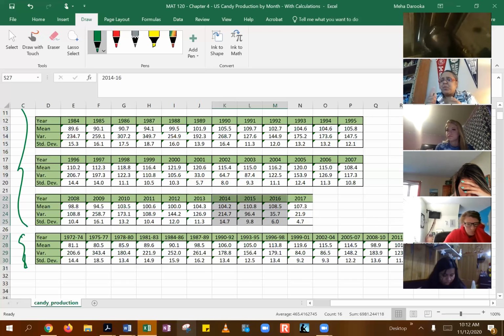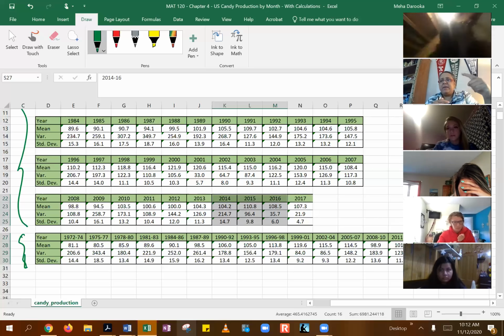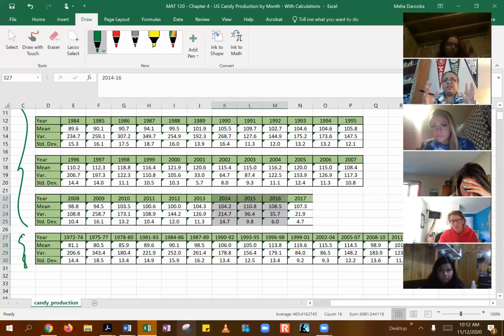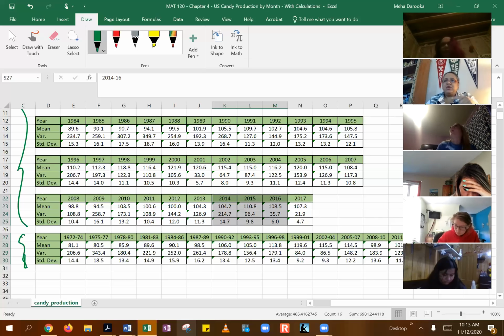And then one of you actually ended up using the sample variance calculation on, like, if you had the year 2014, then for variance, you used the sample variance formula. But then when you calculated the standard deviation, you used the population standard deviation formula. So you can't do that.